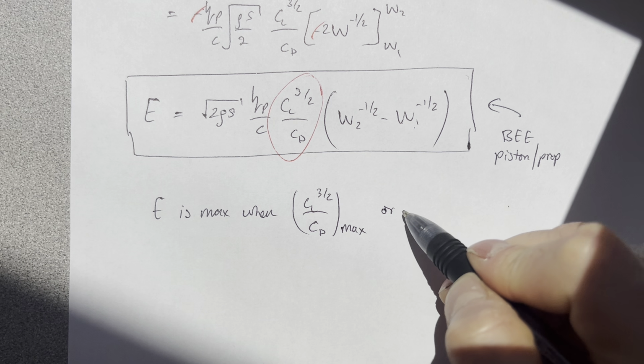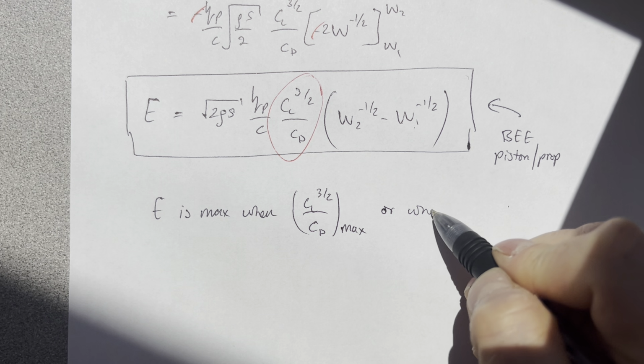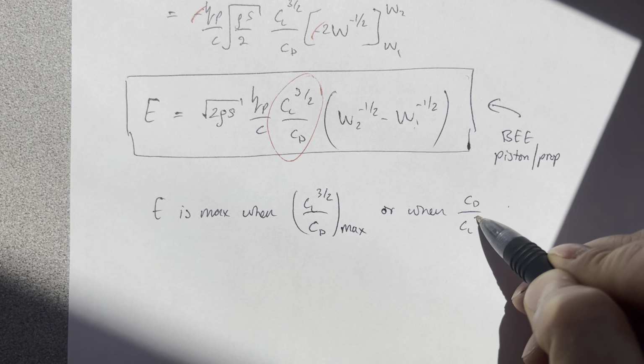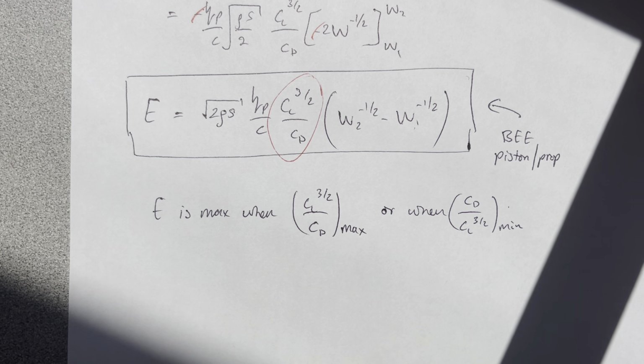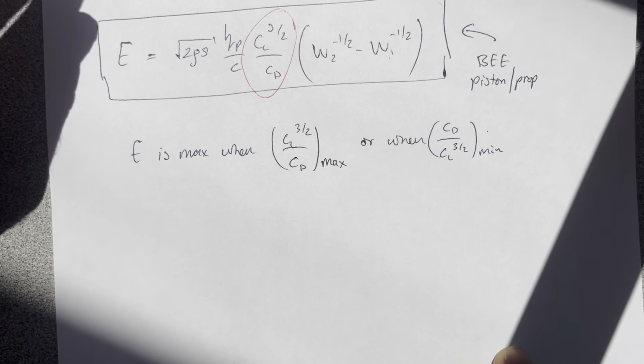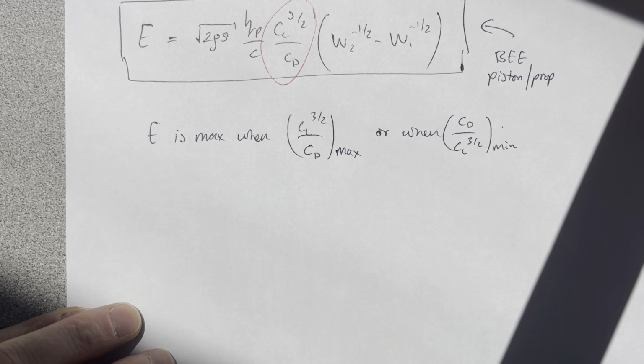So, or when CD over CL to the 3/2 is minimized. Now, why have I done that? Well, I know how to find the minima of a function. I can just differentiate it, set it equal to 0, and then solve it. So let's work on that just for a second, and that's going to lead us to a very interesting result.